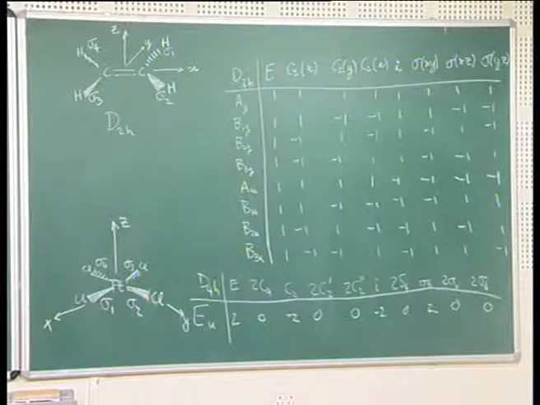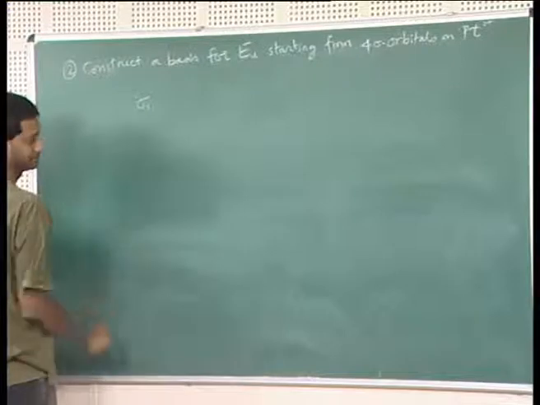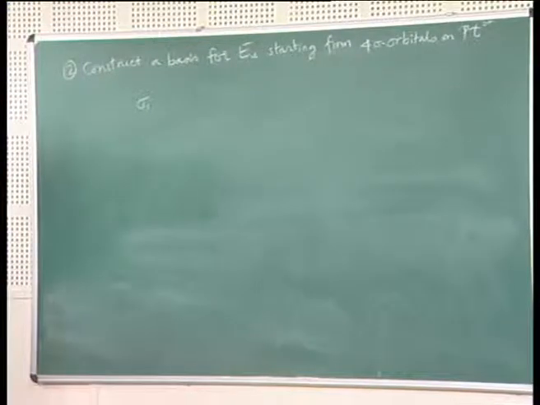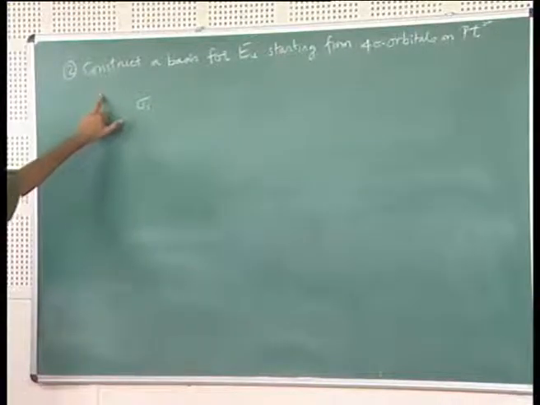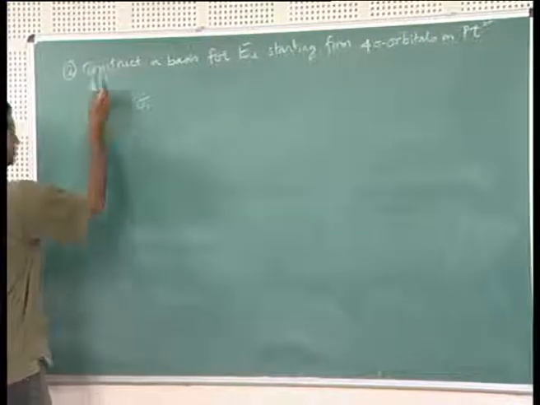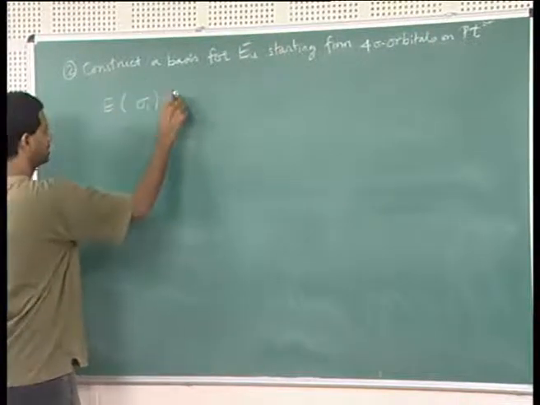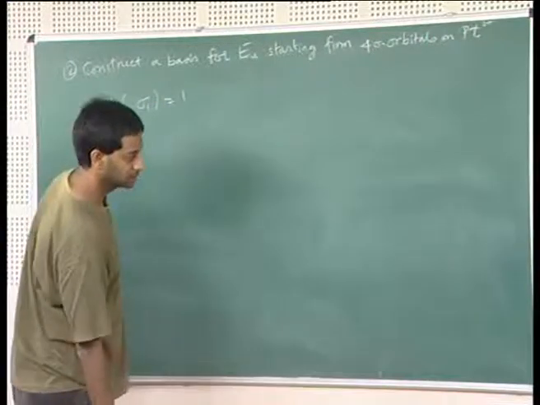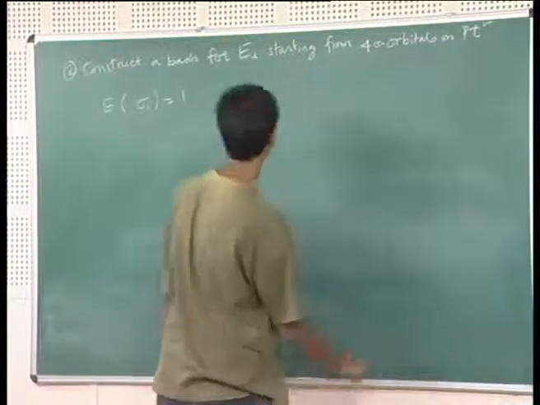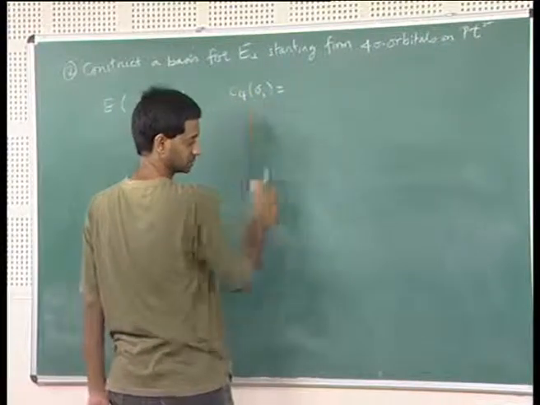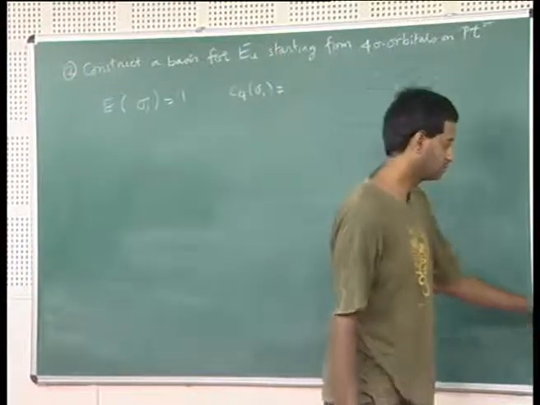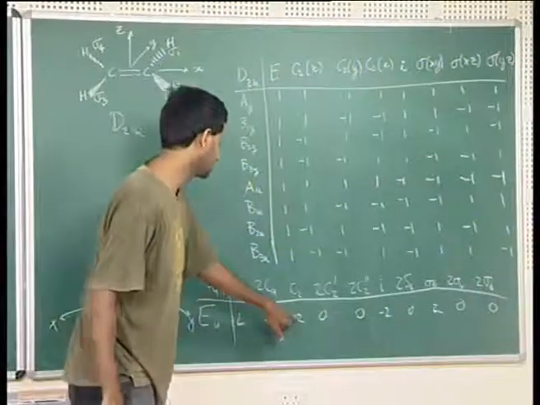So now let's look at sigma 1. What you want to do is to give the result of all the operations on sigma 1. So clearly E of sigma 1 equals sigma 1, and then you have C4. Well, we don't care about C4. Let's look at C2.